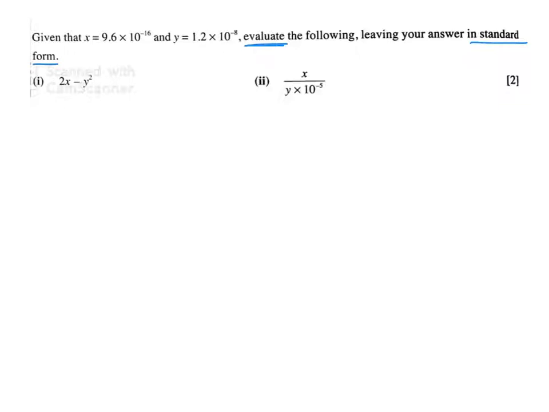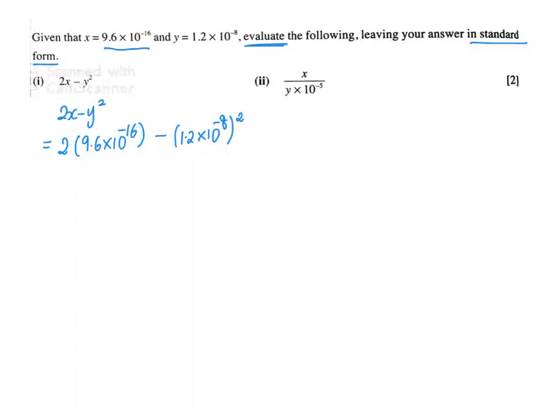I have 2x minus y squared, and I replace each value by 2 times the x value and subtract the y value squared, after which we can use our calculator to help us calculate the answer.